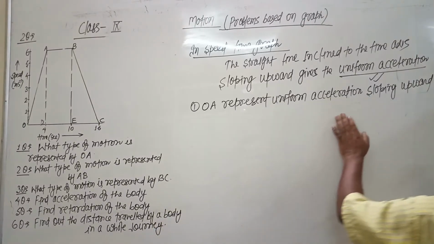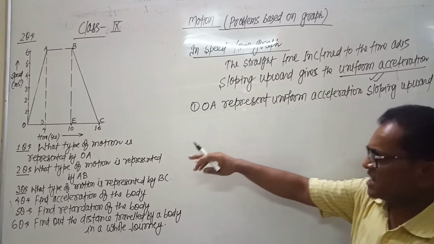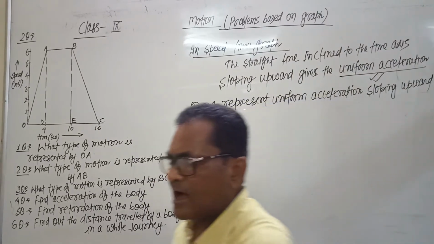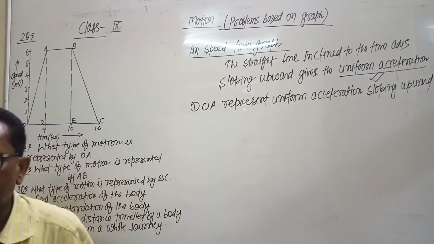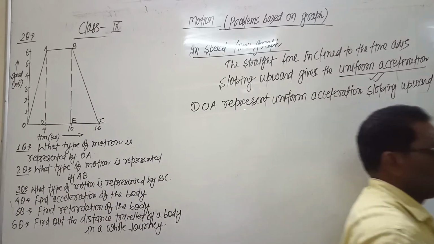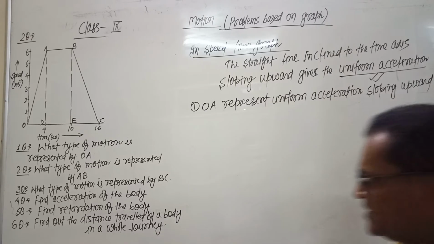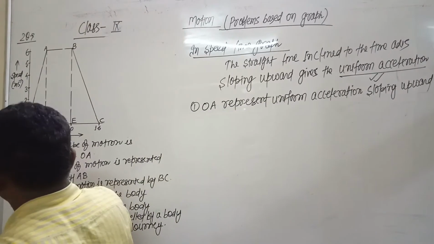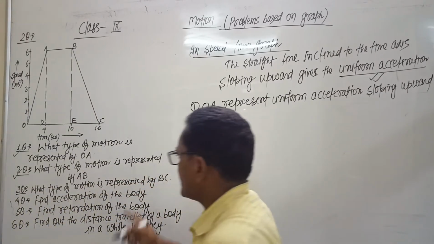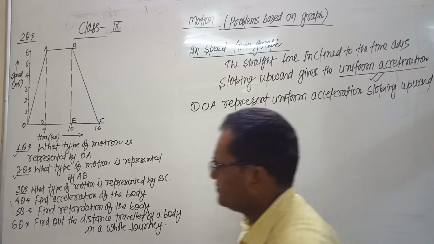And such a graph, inclined to the time axis and a straight line sloping upward, is uniform acceleration.